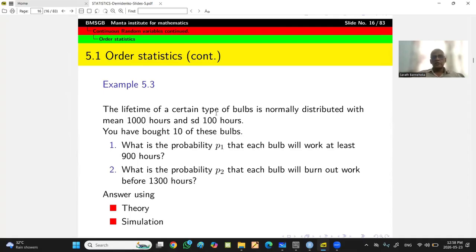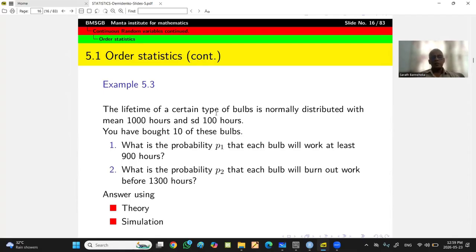Using that, we can find out the probability. Simply here, all 10 bulbs have to have more than 900 hours of lifetime. The probability of that will be the probability that any bulb will have more than 900 hours of lifetime to the power 10. That's again coming from a binomial distribution.